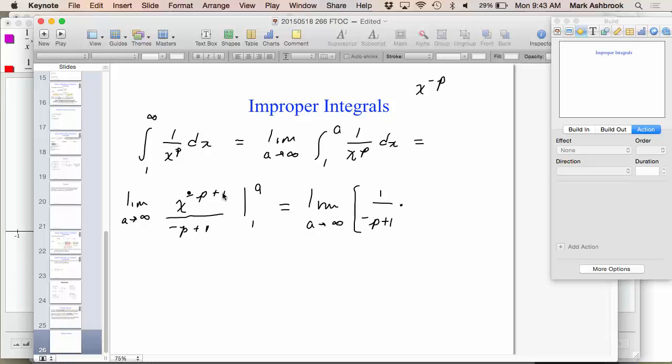And what is this? This is 1 over that. So it's going to be easier to see if we do 1 over x to the p minus 1. So x to the negative p plus 1 is the same as 1 over x to the p minus 1. Just a rule of exponents. Change the sign of the exponent to move it down. Are we okay? 1 to a.